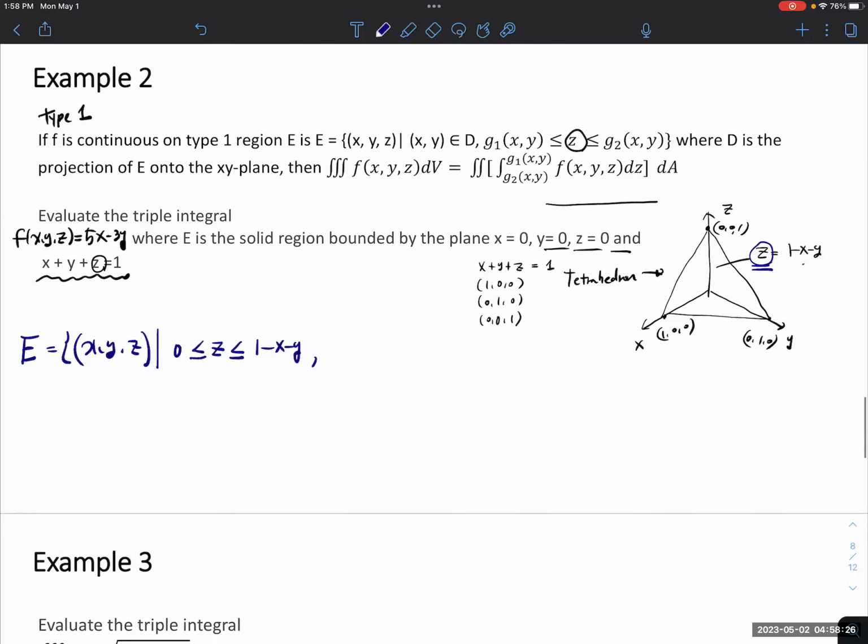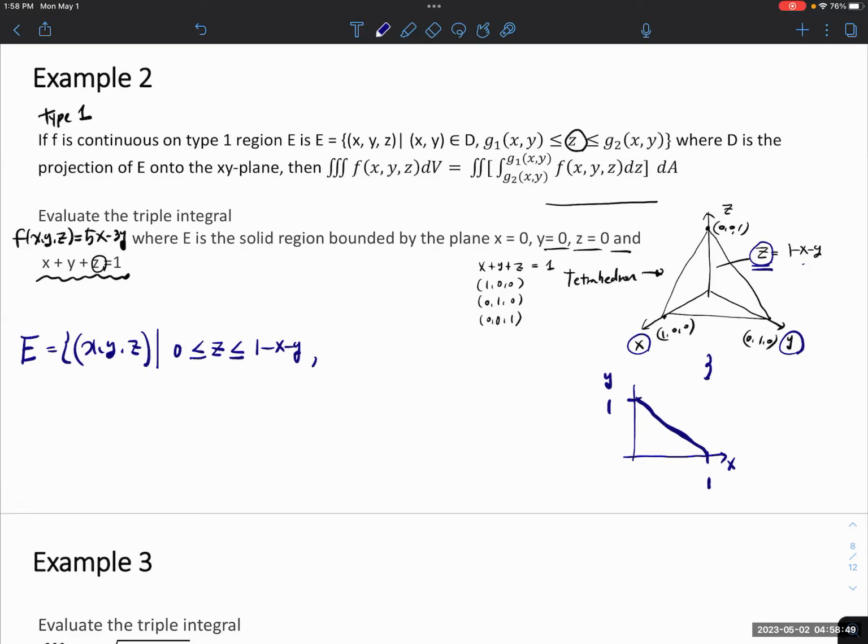Also, we need to find the interval for y and x. So just look at x and y: x here, y here. Let's say they have 1 and 1, right? So 1, 0 and 0, 1. Let's say we have this.